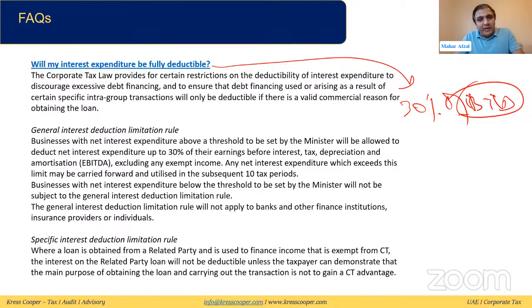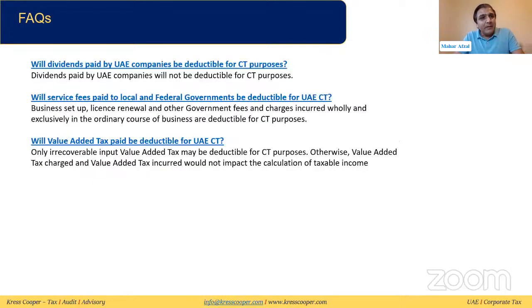This is a long pending public clarification introduced by the FTA. I'm planning the next article and next webinar on the e-commerce public clarification. In the article just after this, we will have a more detailed discussion on interest, and the reason why interest is allowed only at 30%.